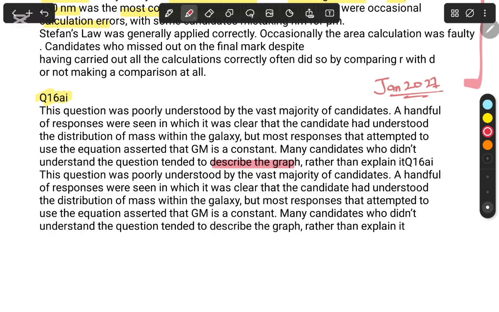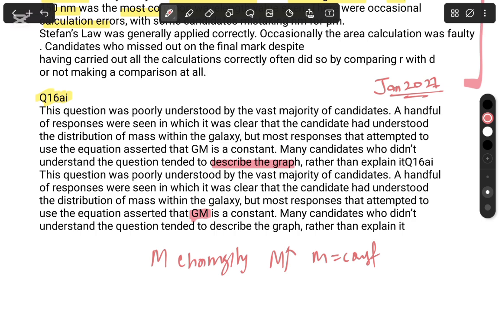Most of the students didn't know how to handle the thing about the mass changing. That the mass initially was increasing and then the mass was constant. So that's what students struggled with, and most of them just explained the graph rather than trying to explain why the graph is changing in that way.